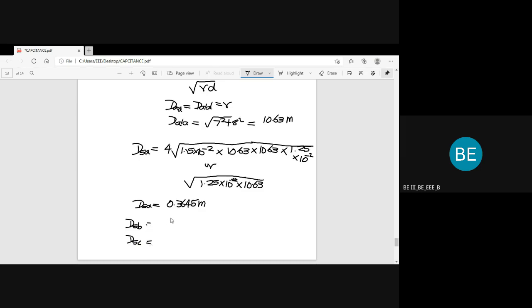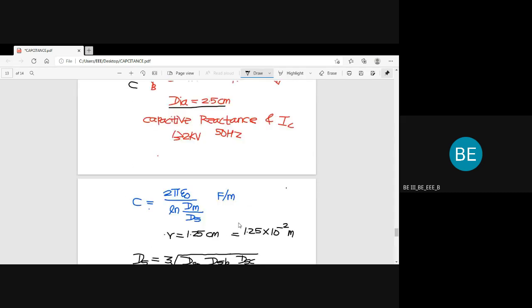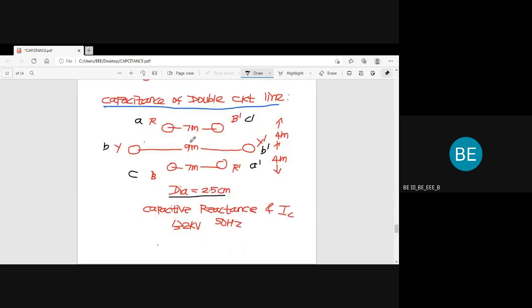That is the square root of r into D. The r value we know, 1.25 into 10 power minus 2. For conductor B, it is the distance between conductor B and B dash, which is 9 meter.